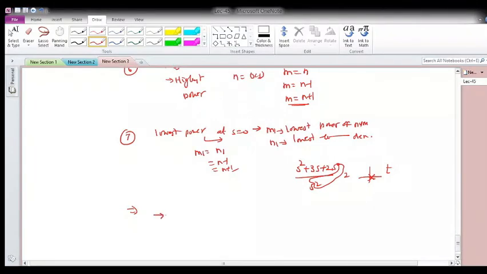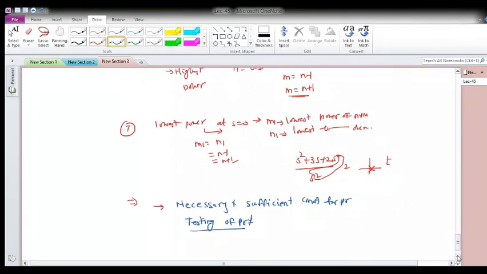So what are the necessary and sufficient conditions for PR? Or we will say how can we test the PR? So this is basically testing of PR.